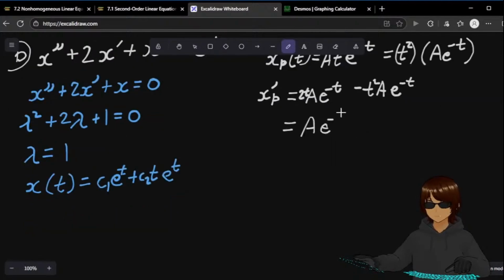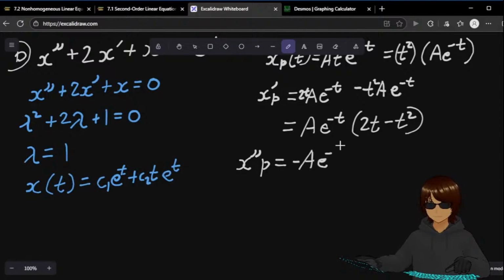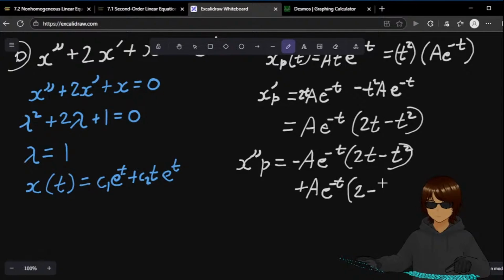I think it's easier if I do this. So derivative of the first times the second plus the first times the derivative of the second, which is 2 minus 2t.